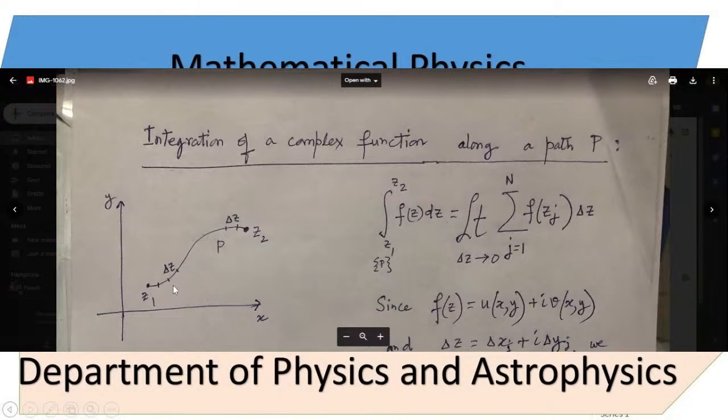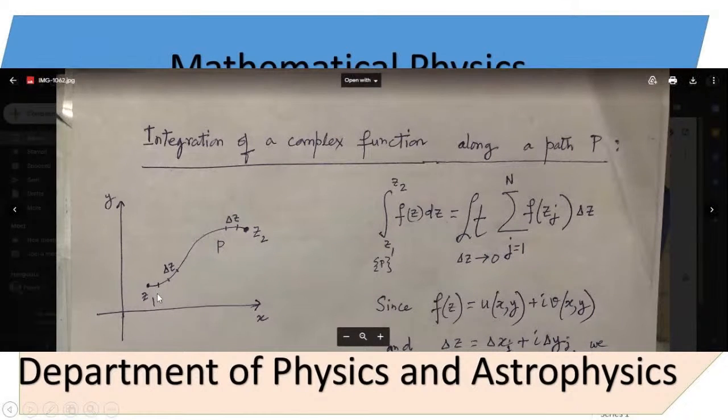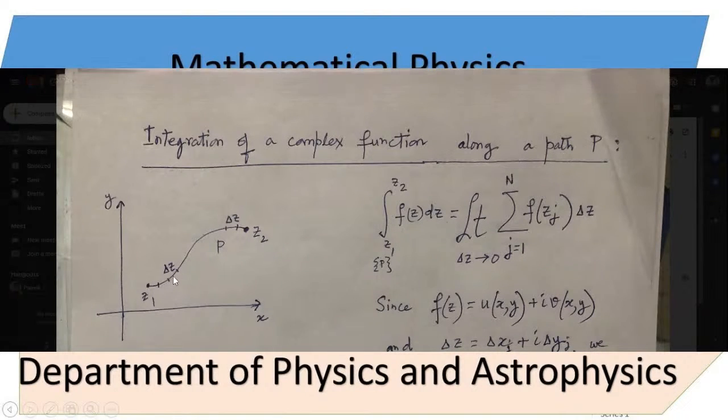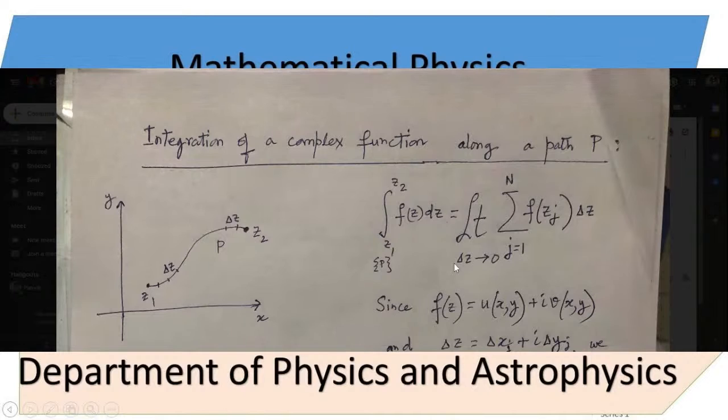That means this point is z1, this point is z2, this is z_j. I should have called them za and zb, but it doesn't matter. You're moving from one point to another, evaluating the function, multiplying by delta z, and taking the limit that delta z goes to 0. That means n goes to infinity.